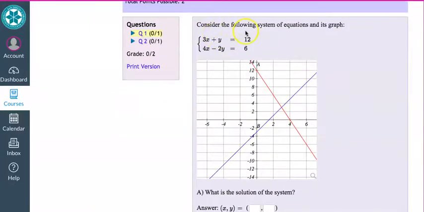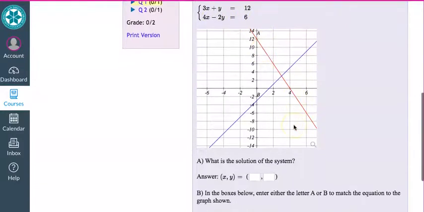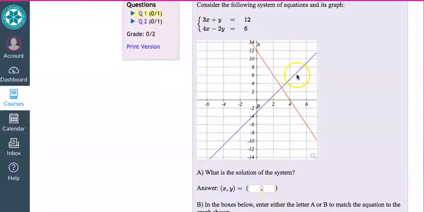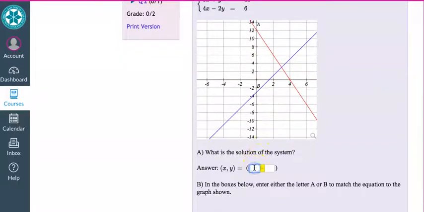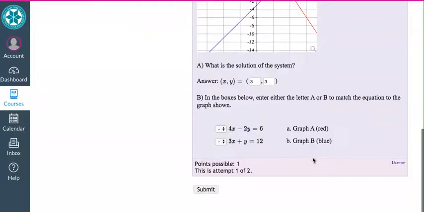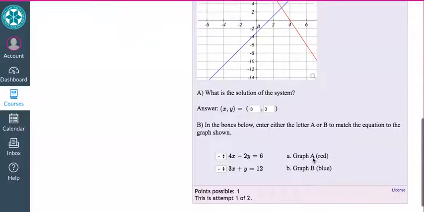Here it says, here's a system of equations, here's its graph, what's the solution to this system? We'll learn later that the solution to the system is where the two lines intersect. If I look at that coordinate point, this is going to be x equals 3 and y equals 3. So just enter it like that.